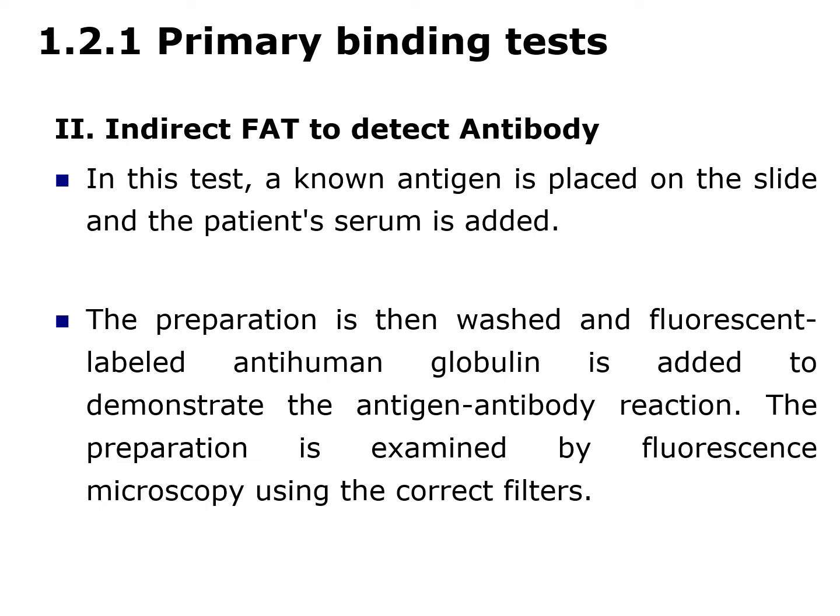This one, the antibody is found in the serum. The preparation is then washed and fluorescent labeled anti-human globulin is added. Again, there will be washing in between, and we expect to see fluorescence if positive, and negative, no fluorescence.